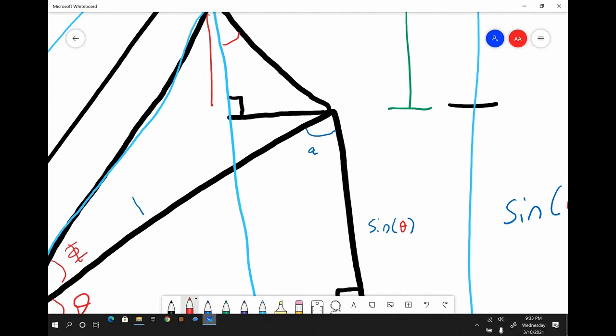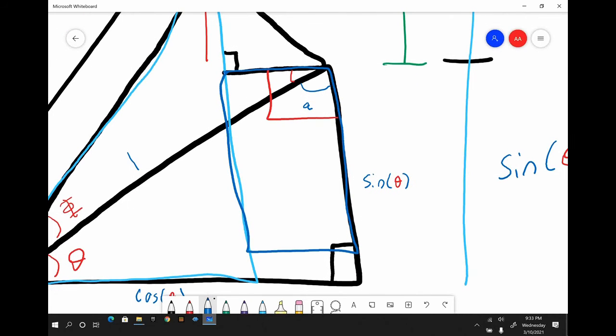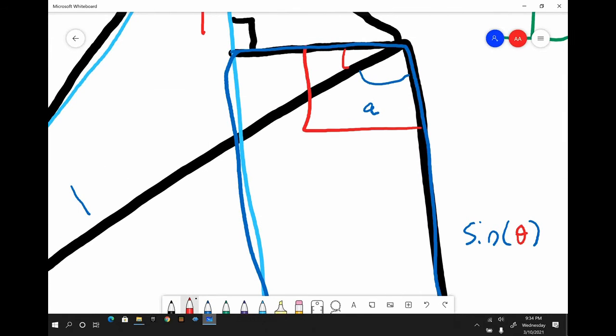We can also solve for this angle here because it creates a right angle here because of the rectangle formed with these lines. So a right angle has 90 degrees, and we know that this angle A is equal to 90 minus theta, so that means that this angle here is just theta.